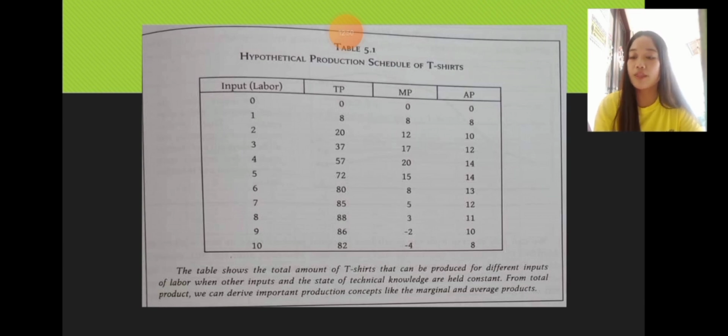So in this example, average product first increases and reaches its maximum at 14 units. Thereafter, it falls successively as more workers are added.